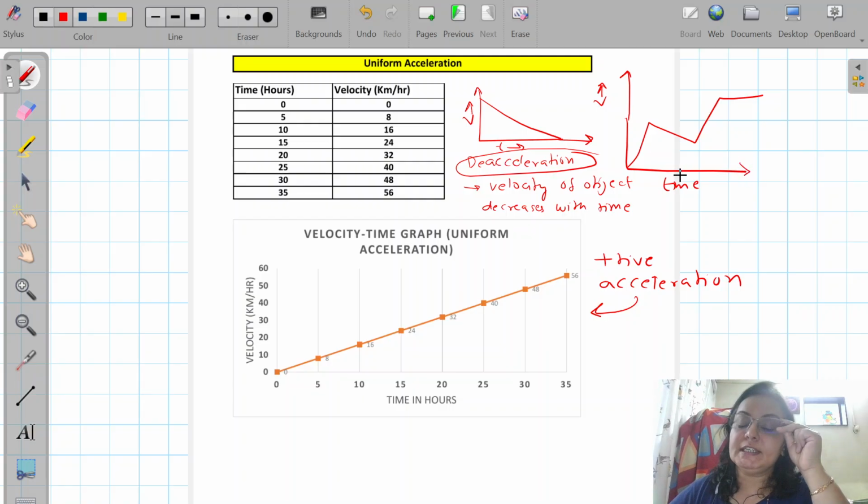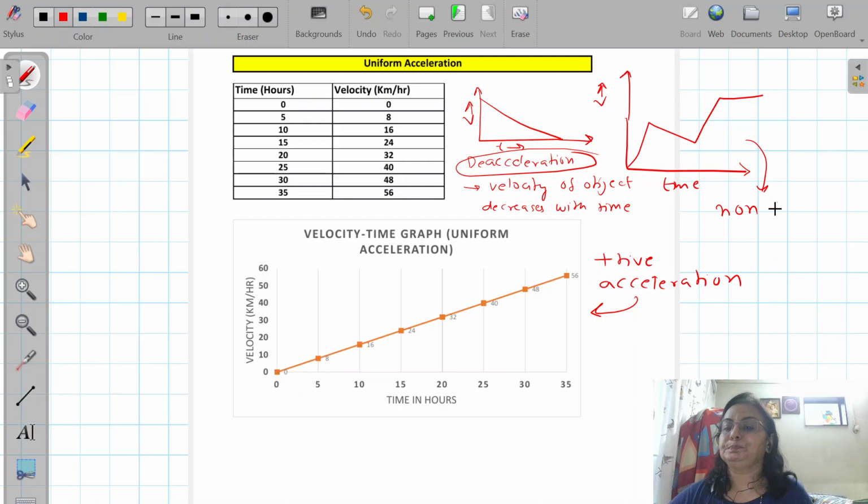Velocity is not constantly changing with time. So this is an example of non-uniform acceleration. Clear?